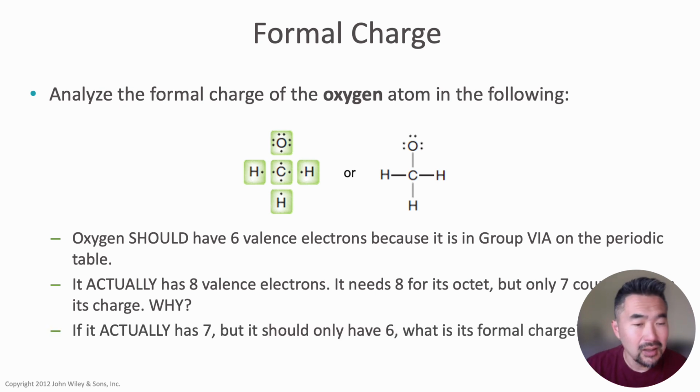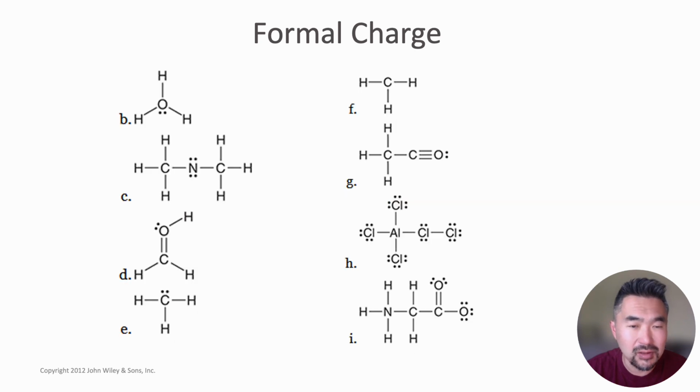Okay, that means it actually has 7 when it really should have had 6. So he's like this freeloader, kind of like a Cookie Monster. He got to have an extra electron. So this oxygen gets a -1 formal charge.